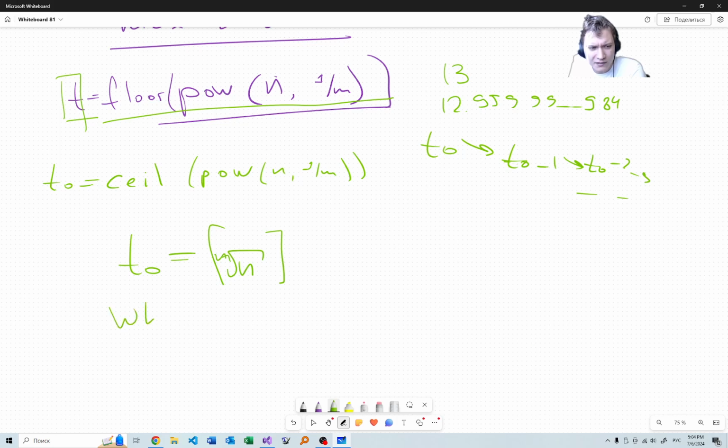Then while t0 to the power m is still greater than n, we subtract 1 from t0. And then in the end we return t0. So this is the algorithm of finding that value of t.